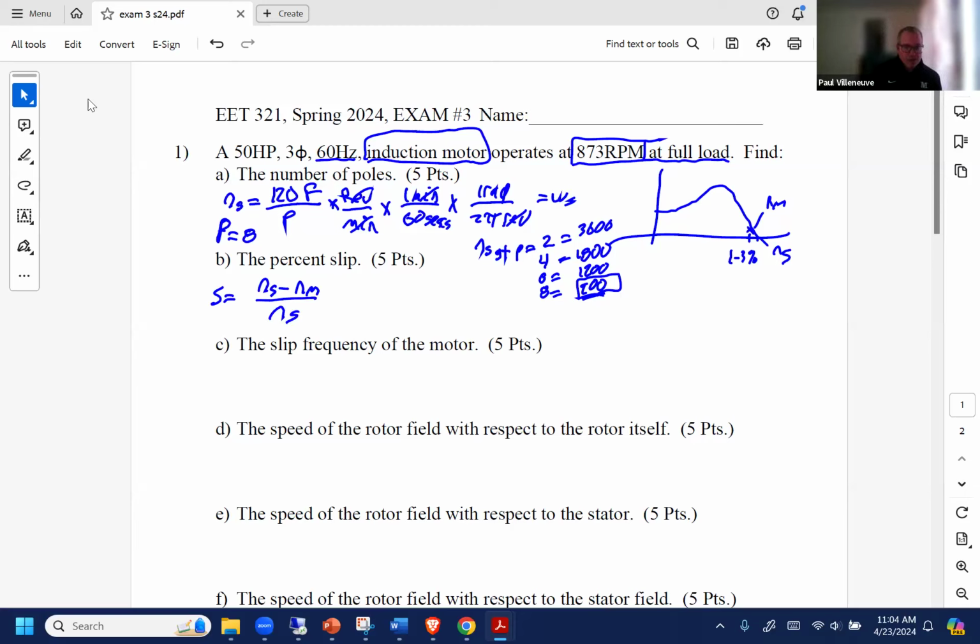And let me know if anybody wants any answers on these, but hopefully these are pretty simple calculations you can do on your own. Once you have the slip, then the frequency of the rotor, which is the frequency of the motor, right? Because there's 60 hertz, which is the frequency of the grid. So the only other frequency that you would have would be the frequency in the rotor, which is just the slip times your electrical frequency.